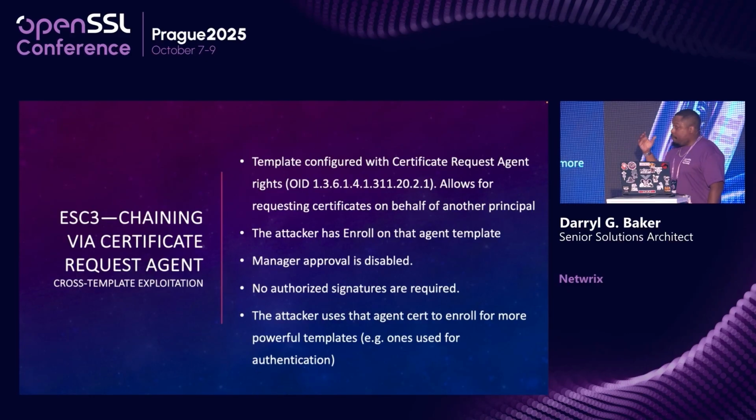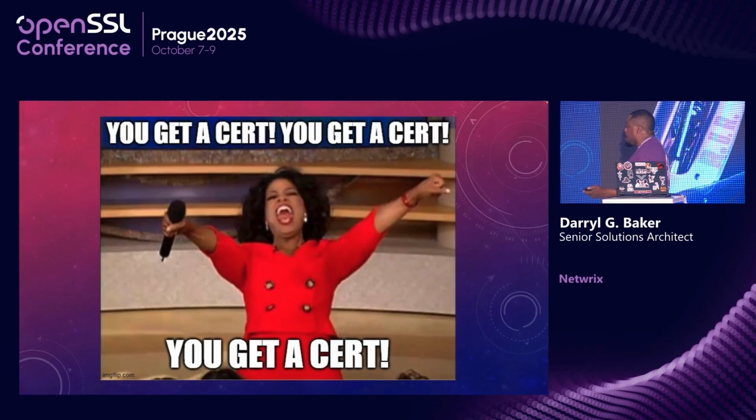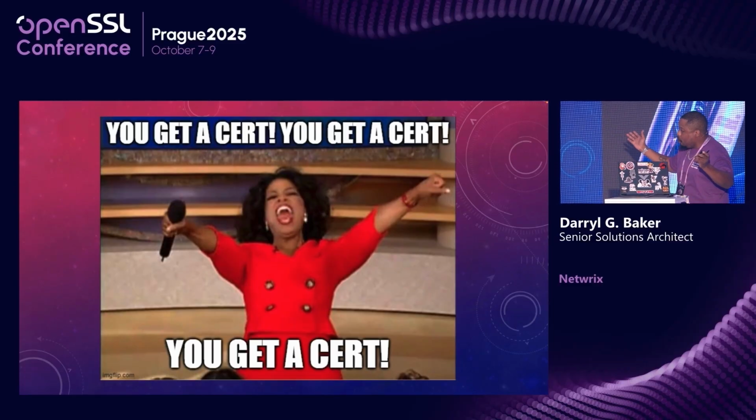With the ability of this, though, like I said, not only can you request a certificate that this certificate has access to and sign for it, you can do it for any principal that exists. So essentially, you are your own CA, and you get a cert, you get a cert, you get a cert for anything that you want. And up until that CA chain is killed, there's really not much that you can do about it without directly revoking that certificate.